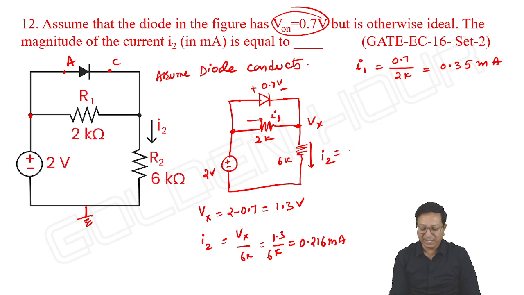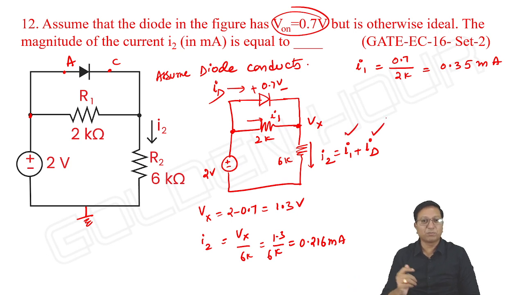I1 is equal to 0.35 milliampere and I2 is equal to 0.216. To be frank, I2 is equal to I1 plus ID, is it not so? If I take this current as ID. Current through the diode should be positive. Anode to cathode current should be positive as the diode is on. If that is the case, I1 plus ID should be greater than I1. It's a very simple common sense point.